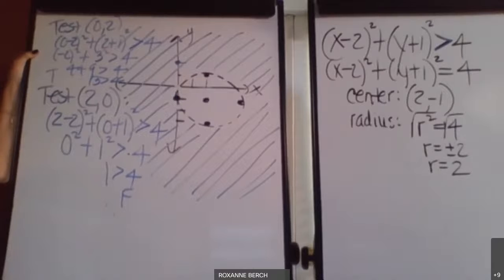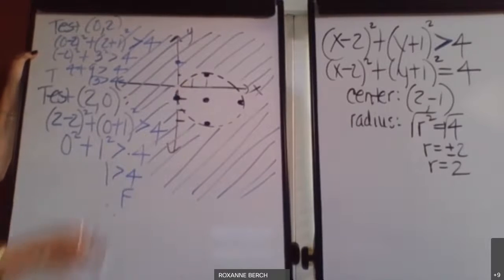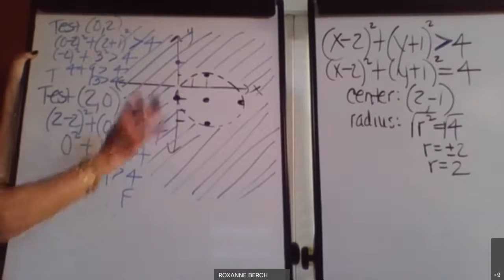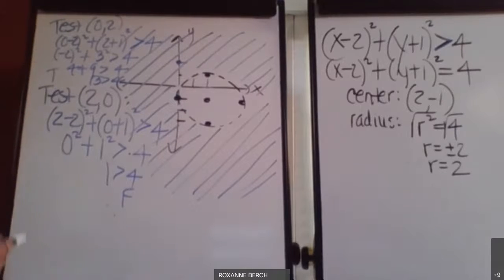So you don't have to pick a point inside the circle. You can pick any point you want. If it's true, shade it. If it's not true, don't shade it. Does that make sense or no? Yeah.